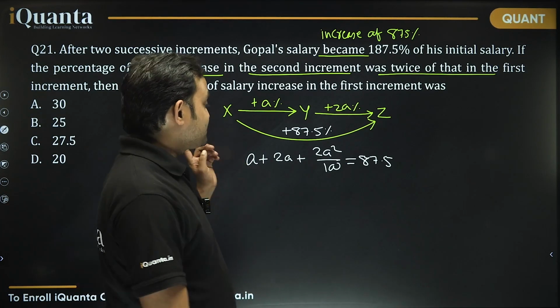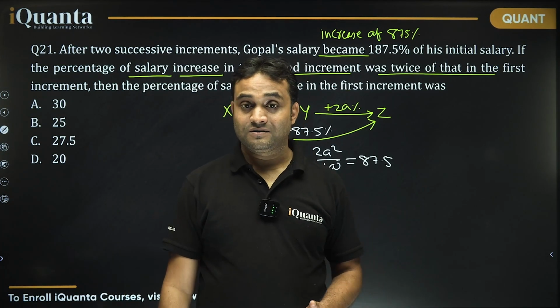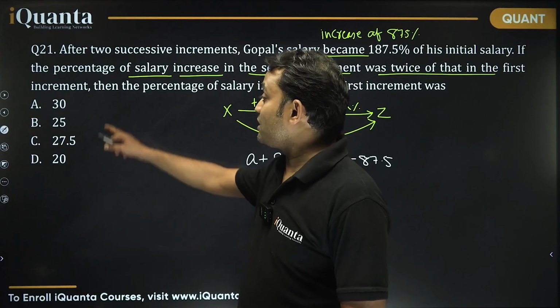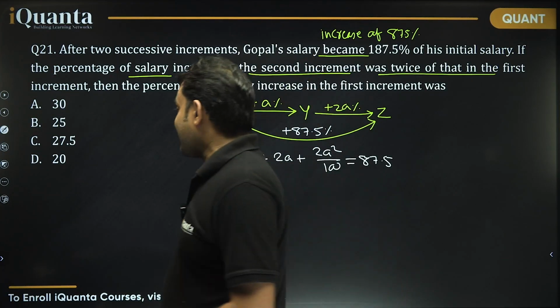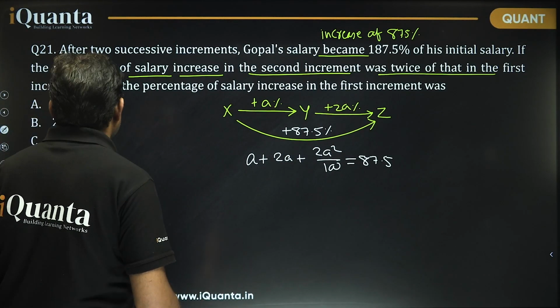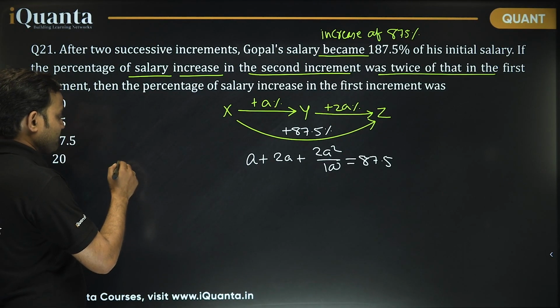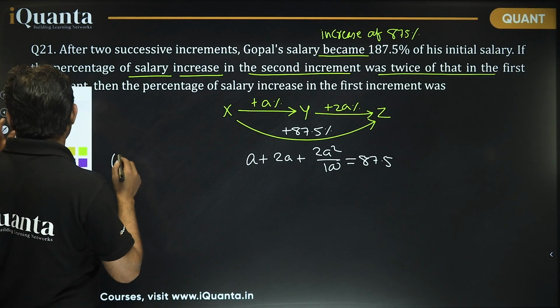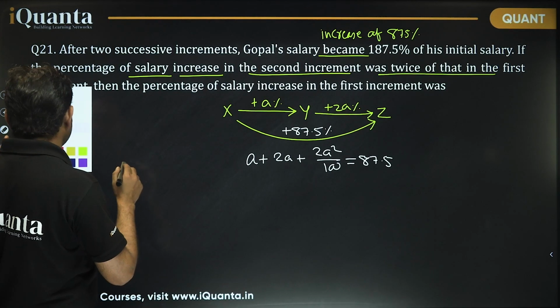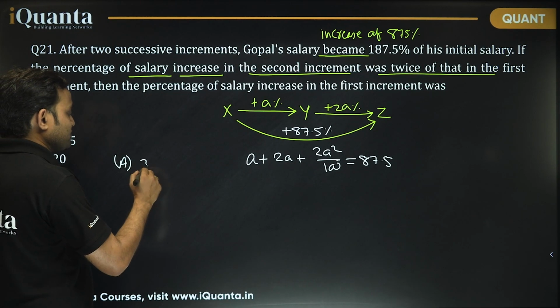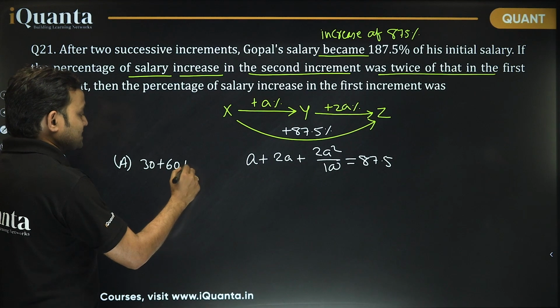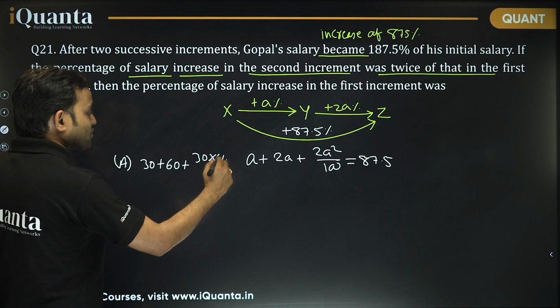But instead of solving this quadratic, it's better if we solve it using the option. Like if I take the initial percentage change is 30, then using option A, the next percentage change will be 60. And what will be the successive percentage change? 30 plus 60 plus 30 into 60 upon 100.